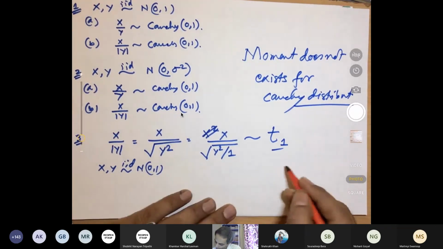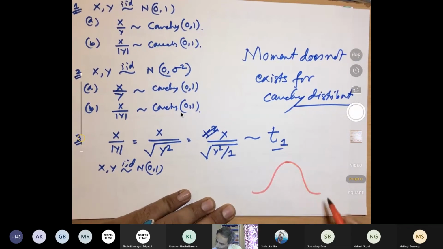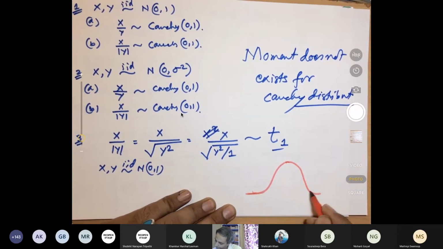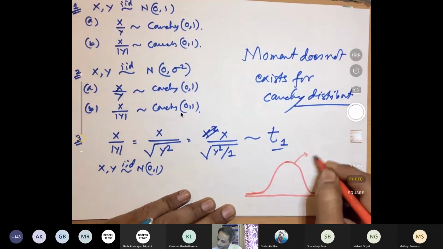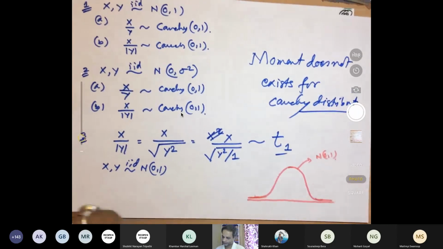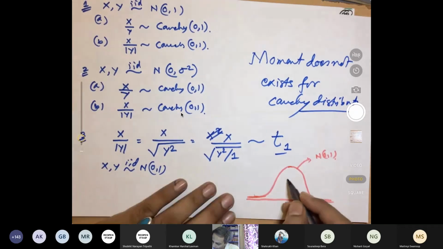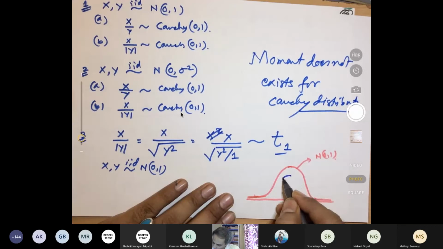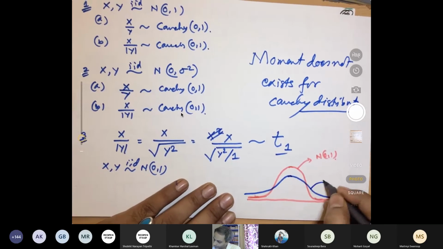So if this is the normal distribution PDF, this is for normal 0 1, then the Cauchy distribution will have a lower peak and thick tail. Okay. This is Cauchy 0.